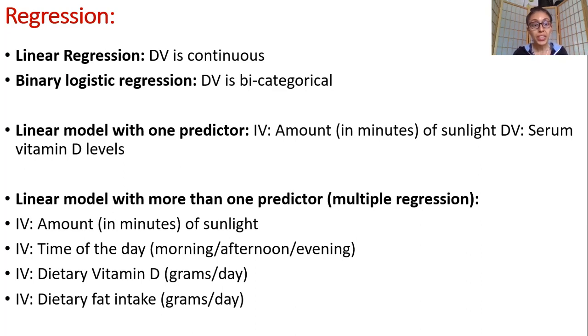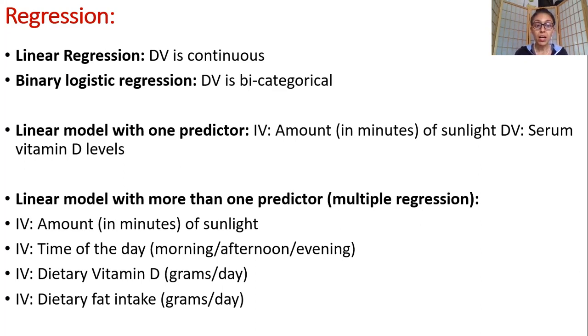All right, then your IV over here, say it could be dietary vitamin D, meaning vitamin D intake via food, which could be grams per day, and it could be dietary fat intake as well, which is grams per day. And why have I included fat intake? This is just an FYI for nutrition students who may know this, that vitamin D is a fat soluble vitamin.